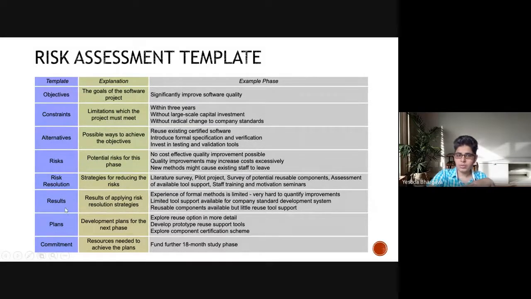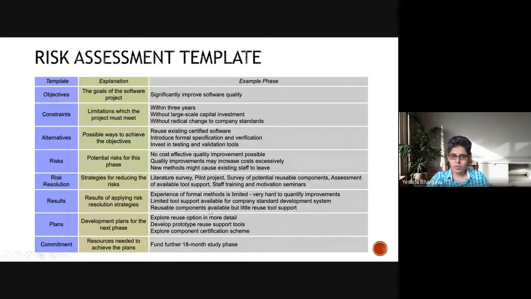Then you have to anticipate the results also, because based on the anticipation of the results, you will decide whether or not you should go. In this particular example, the team had tried to introduce training in formal methods. They were trying to train their staff to improve formal specification and verification.